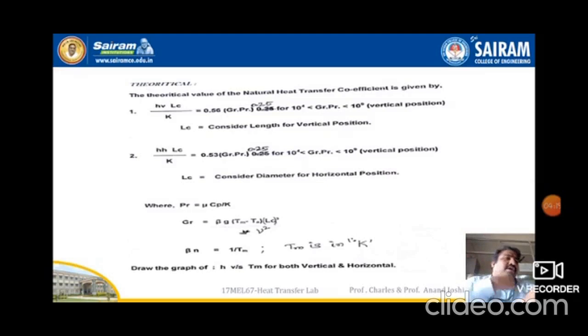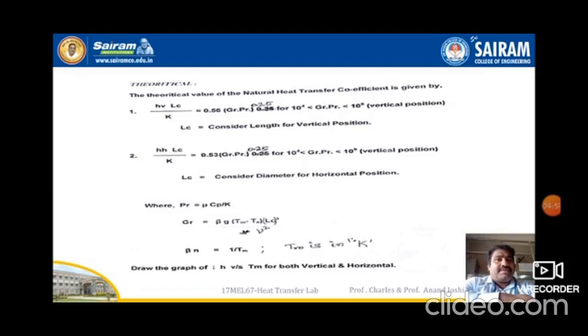This is for the vertical position, where Lc is the characteristic length. For the horizontal case, hH Lc by K equals 0.53 into (Grashof number times Prandtl number) to the power of 0.25, for 10 to the power of 4 less than Grashof number times Prandtl number less than 10 to the power of 9. This is for the horizontal case.